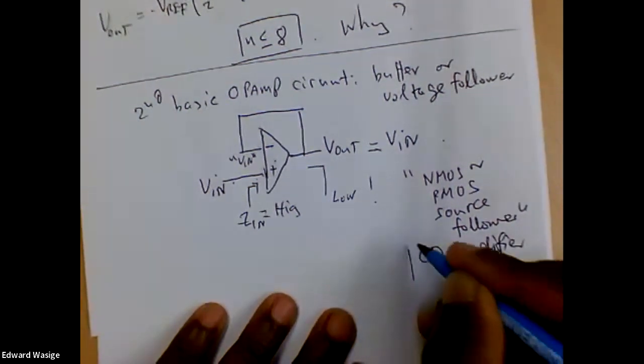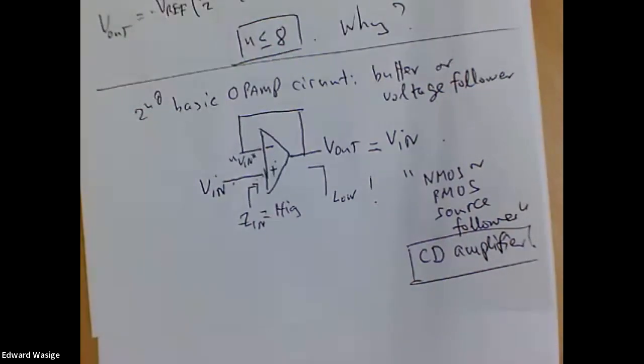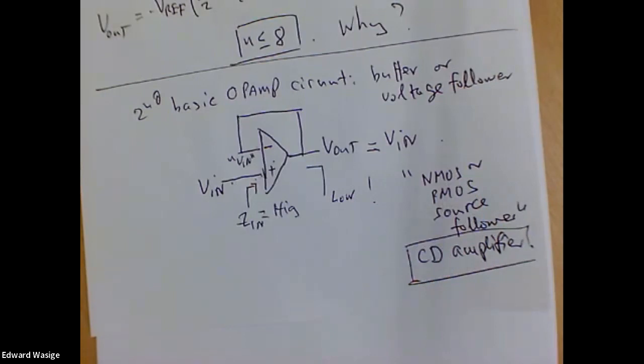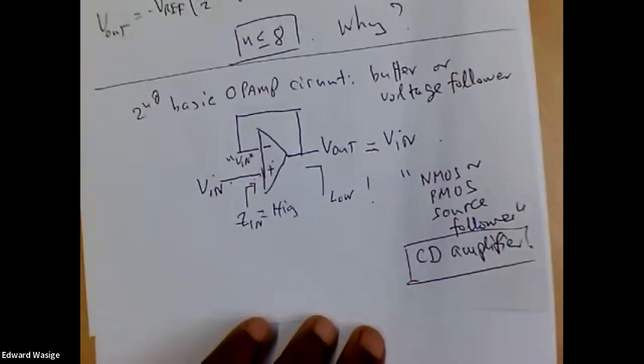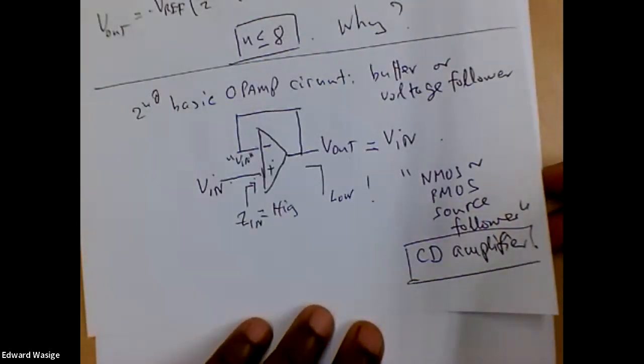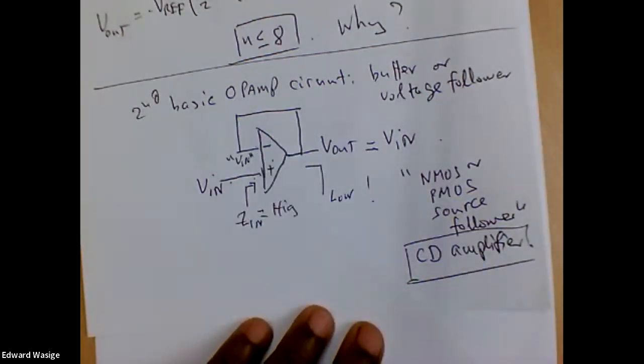I'll leave that as homework, also as something that we may discuss during our revision class if you have issues with that. But please, anyone who is doing a VLSI course needs to know what a source follower is. Most of you should know that from your undergrad. So that's the second op-amp circuit.